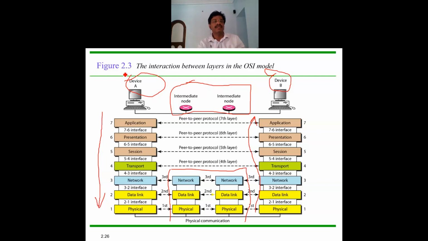Here the terminal source end will be device A, and device B will be the destination. Whatever information the source A wants to send, that information needs to follow the services that are to be provided from the application layer to the physical layer.